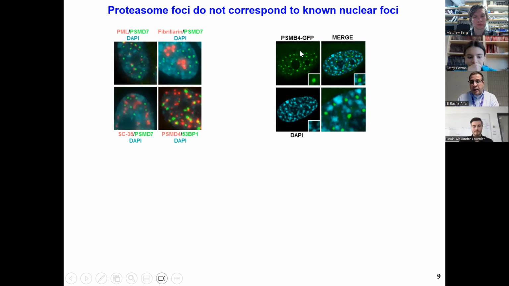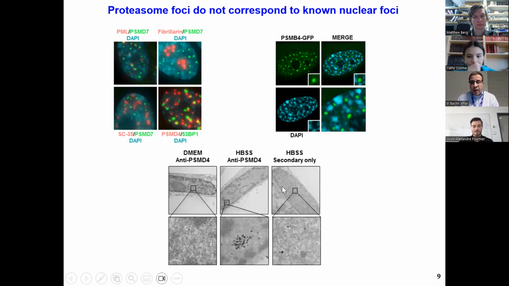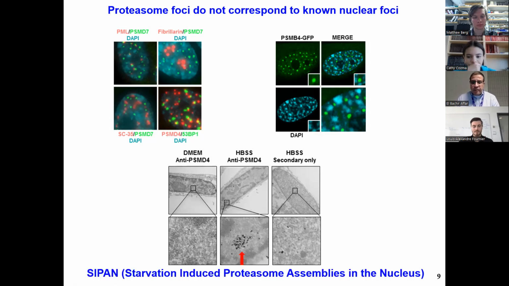And he can see nicely here with PSMB GFP, again, a catalytic component of the proteasome, that these foci can form in chromatin-poor regions of the nucleus. And with electron microscopy, we can see that these nice foci are membrane-less organelles that form after nutrient deprivation.